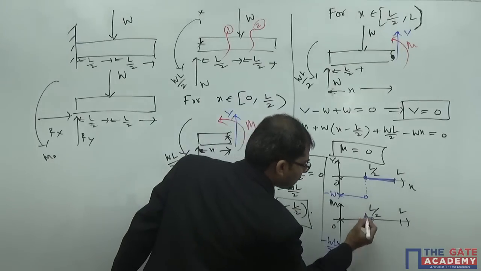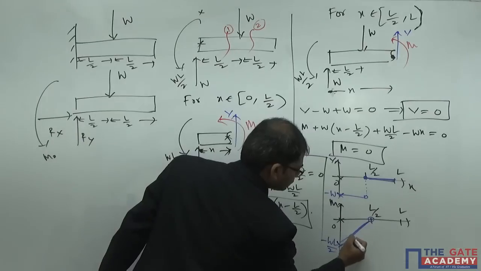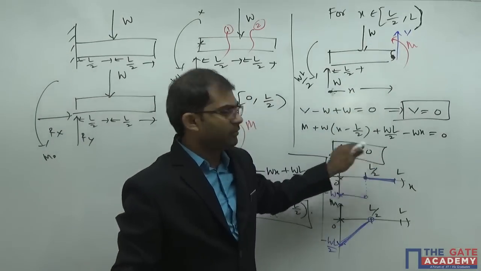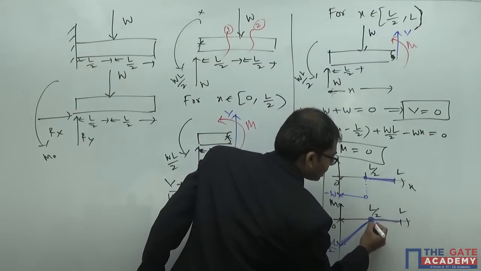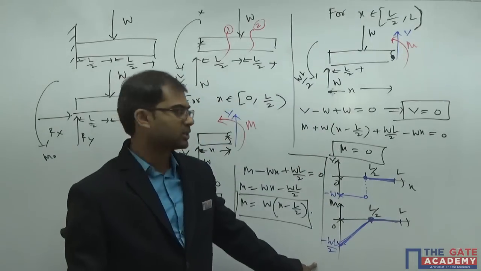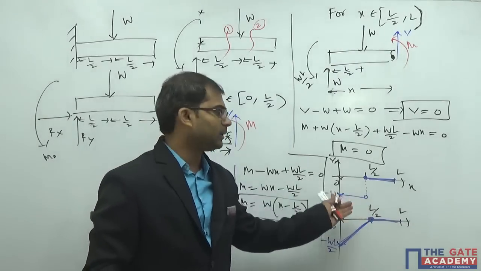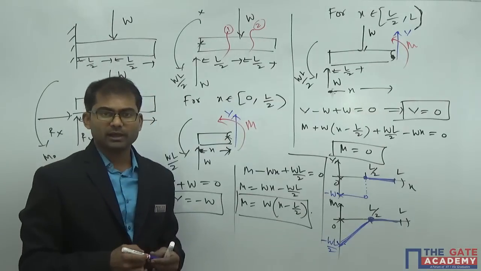So, open interval should be there here. It will come as a straight line like this. Now, from L by 2 to L, this is the equation, bending moment is equal to 0. So, here both will be coinciding here. So, this function is not differentiable at this point here, but it is continuous, because the left limit and right limit both are equal here. Understand? So this is how you're going to draw the bending moment diagram.